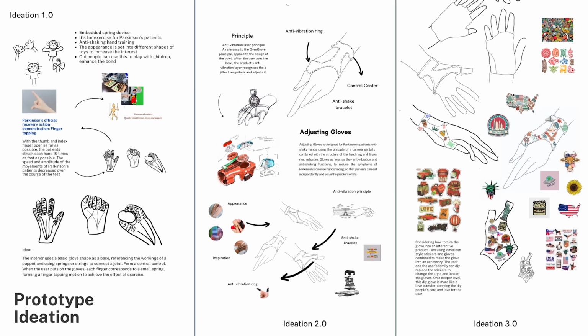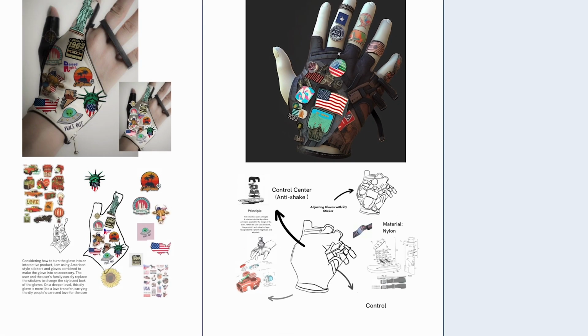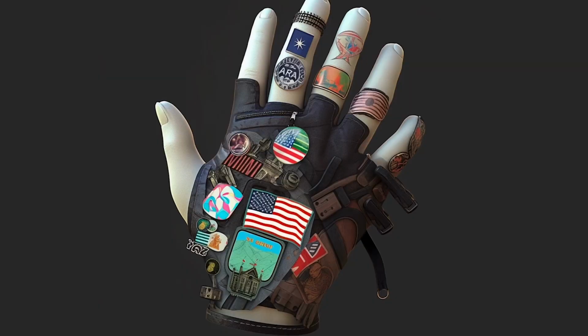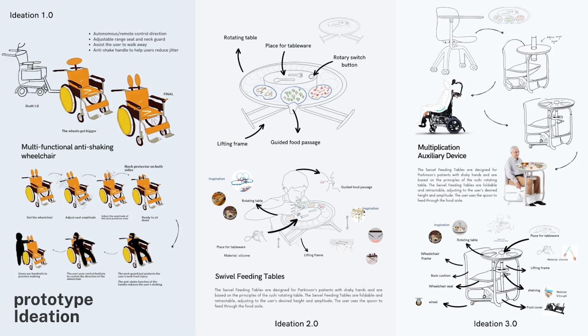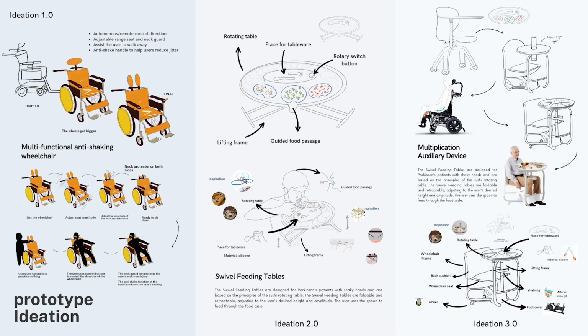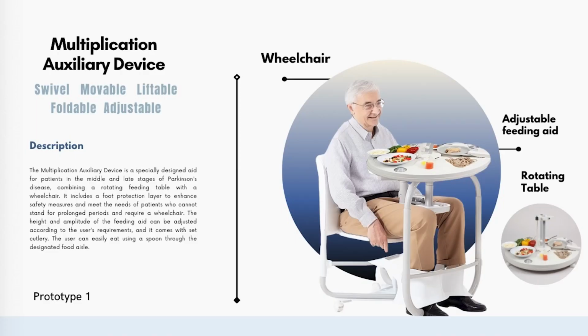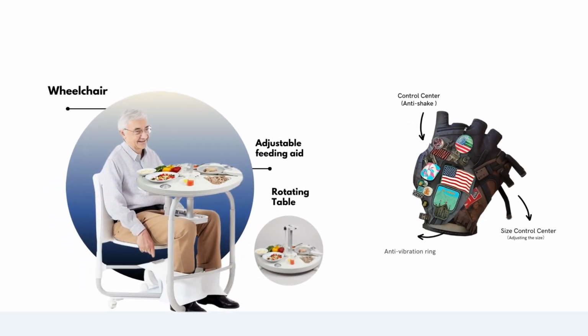Combining 2 products, the grip mainly deals with hand tremor and helps users eat independently, that's for the physical side. The wheelchair with the feeding table is like a convenient assistant, adjusting the height and amplitude to meet the user's requirements, dealing with the problem of not being able to eat independently.